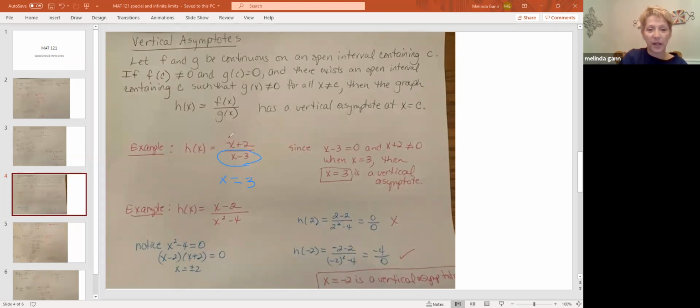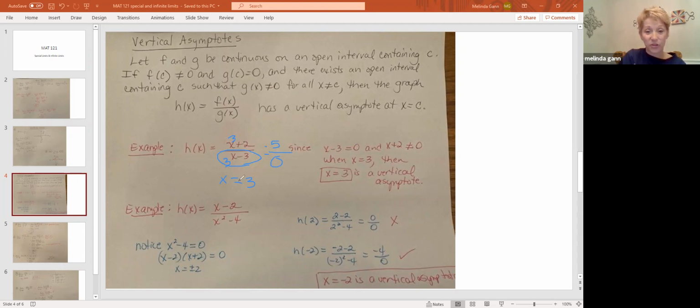Do you see, if you put a 3 in there and you put a 3 in there, then you're going to get the numerator equal to 5 and the denominator equal to 0. So there is a number that will make the bottom 0 that does not make the top 0. So x equals that number that you plugged in is a vertical asymptote.